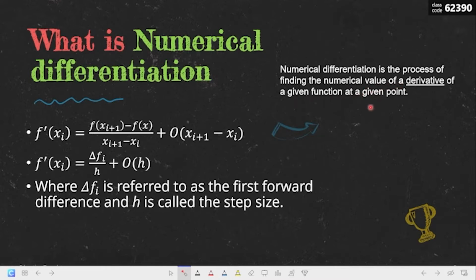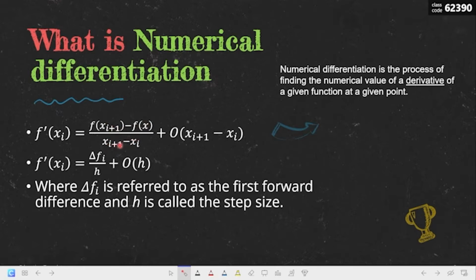So first, we find f prime of x_i, or the derivative of f(x), which is equal to f(x_(i+1)), the next value of our function, minus f(x_i), divided by x_(i+1) minus x_i.